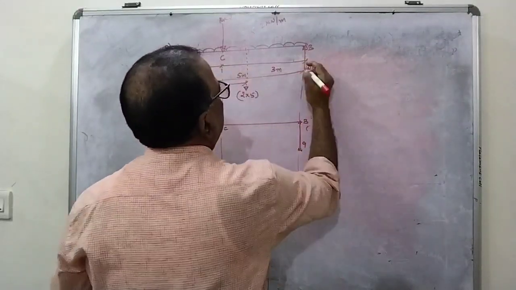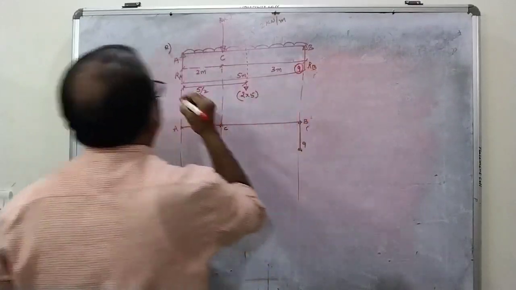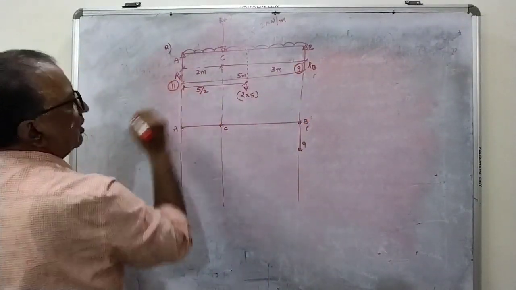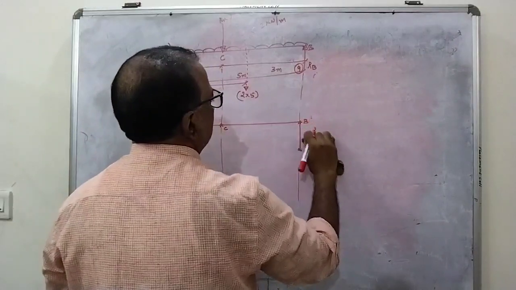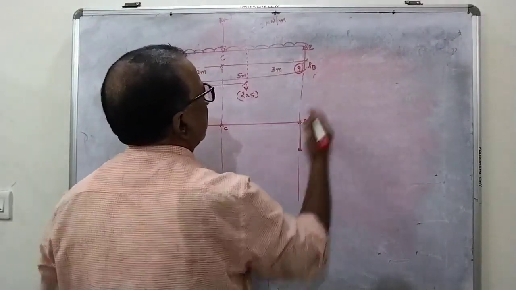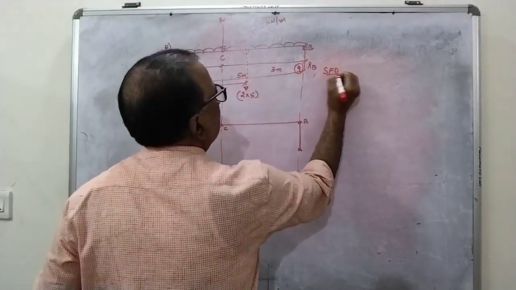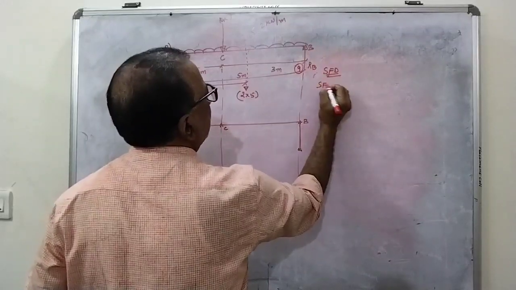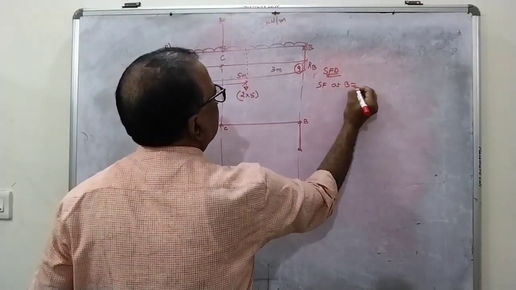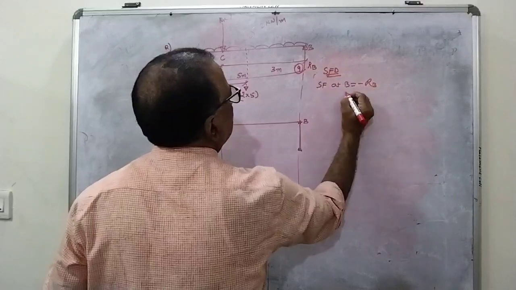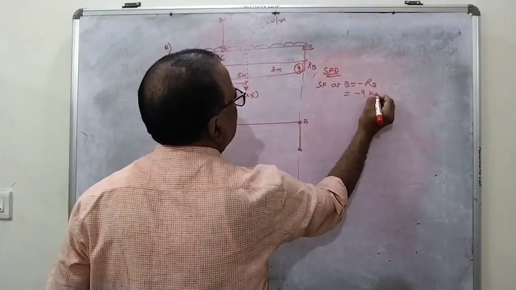So RB I got it as 9 and RA I got it as 11. Now let us see how to calculate the shear force first of all. First, shear force at B minus RB, that is equal to minus 9.